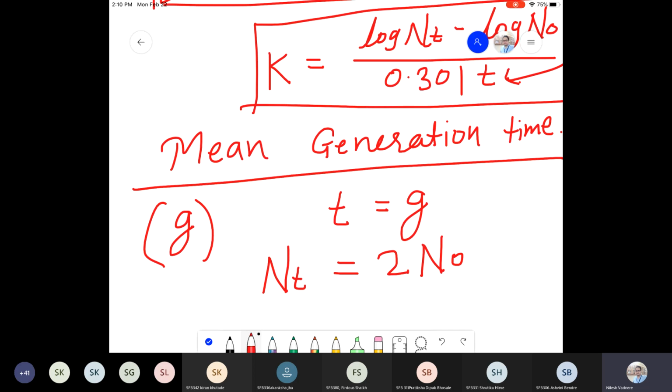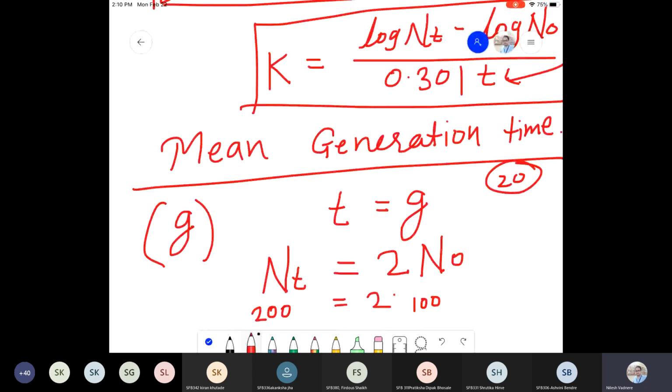So, say for example, doubling time is 20 minutes, and suppose the initial number of cells that you have inoculated is 100 cells, that is n0. So after 20 minutes the total number of cells will be 200.